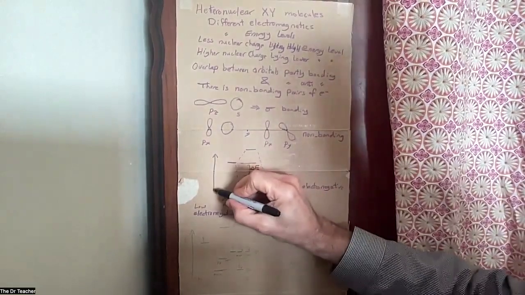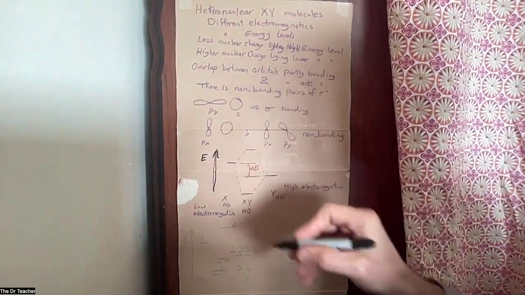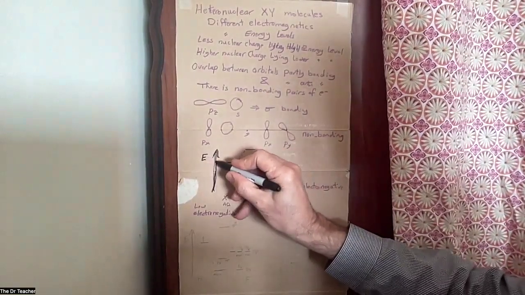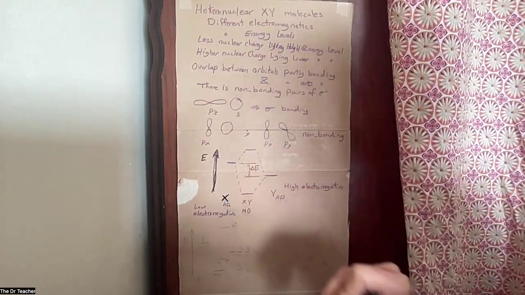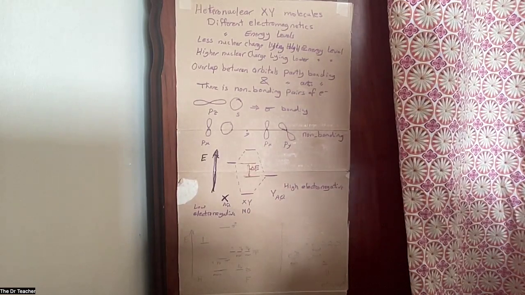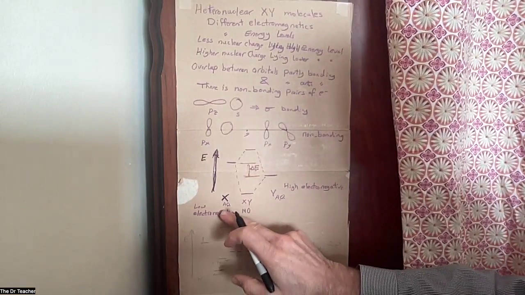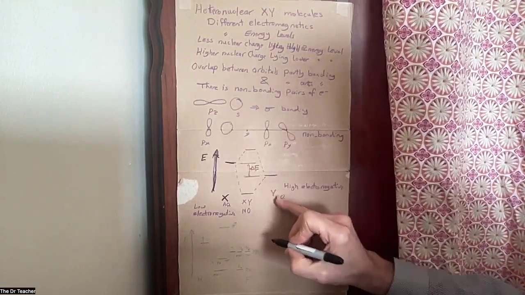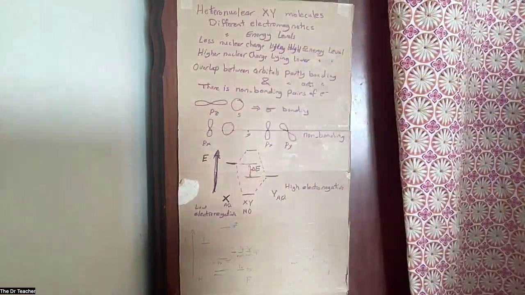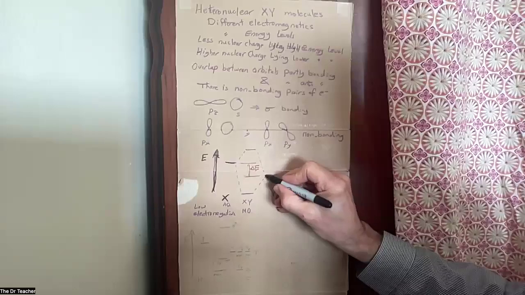Now, if I come to the electronic diagram, first I draw the energy arrow that increases from the bottom to the top. Then I come to the X, which is the first atom and has low electronegativity. The low electronegativity orbital will be higher than the other, Y, which has higher electronegativity and will be lower on the energy level.